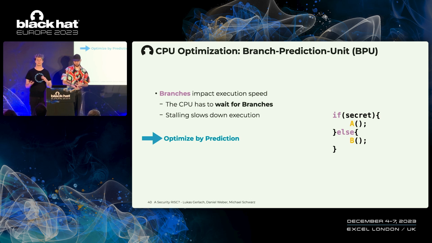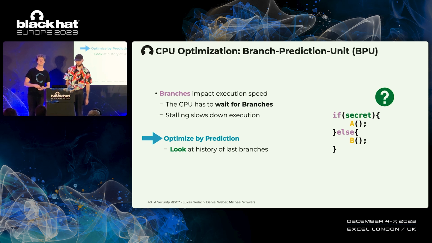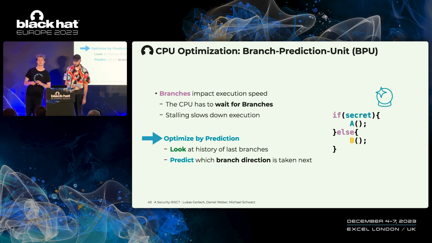Branches don't change their behavior every time they execute. Typically, they stay similar. So we can just take a look at the history of a branch. CPU vendors actually do that, and the branch prediction unit keeps track of the history of this branch when it was executed the last few times. Then based on that information, it predicts which branch direction is taken.